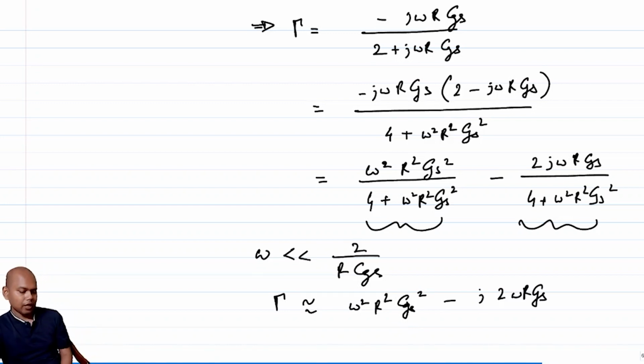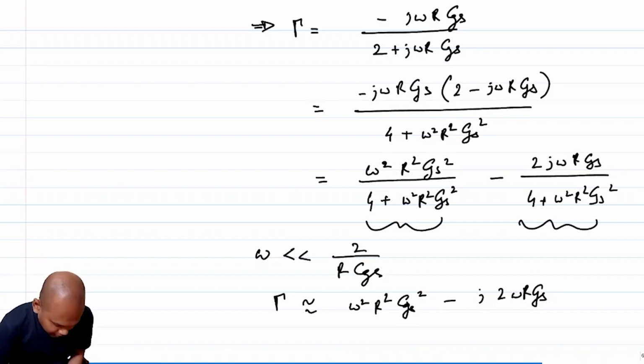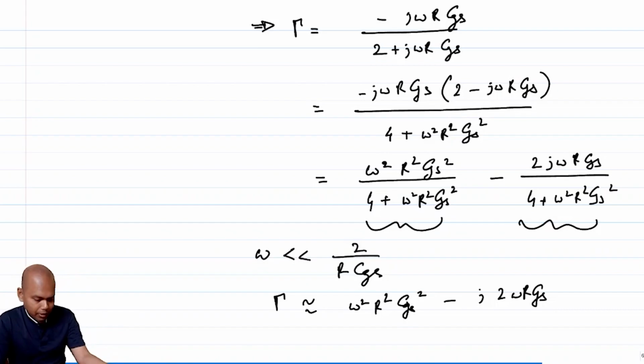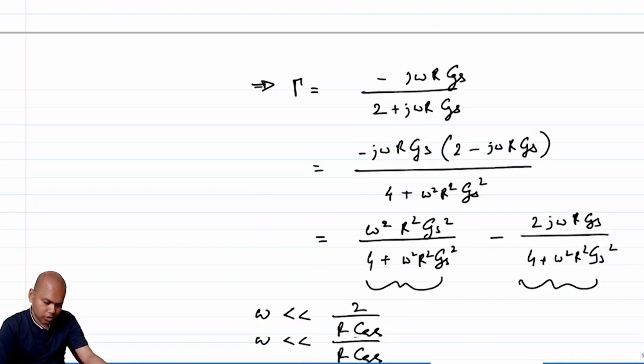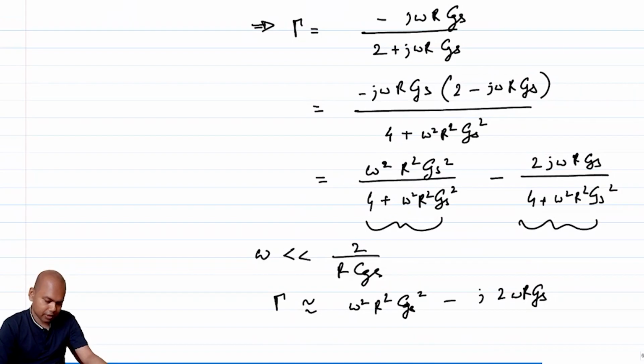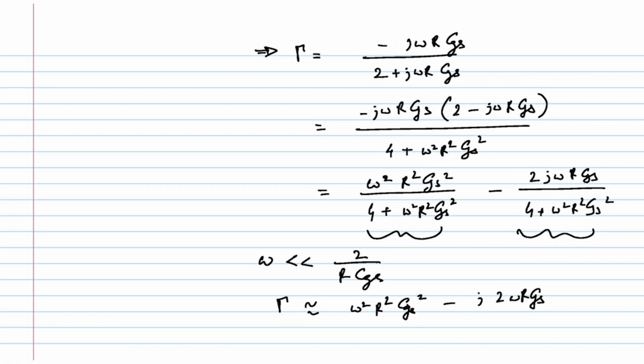Clearly, at low frequencies, when omega R CGS is much less than 1, gamma tends to 0. So this is one way of matching your network, one way of ensuring that you do not have any reflections. Okay, so that's good.